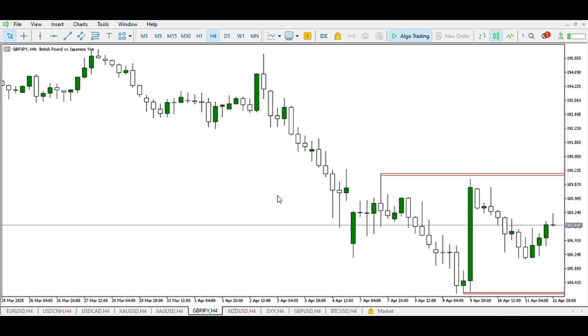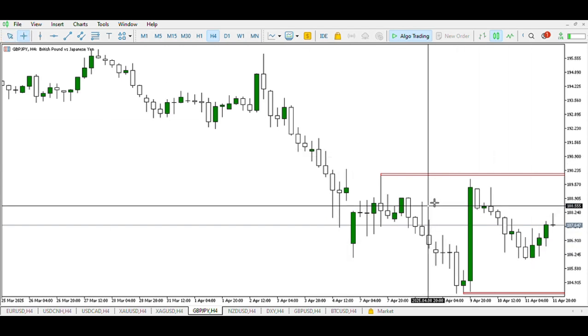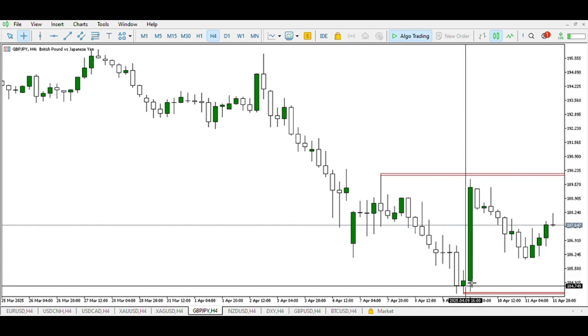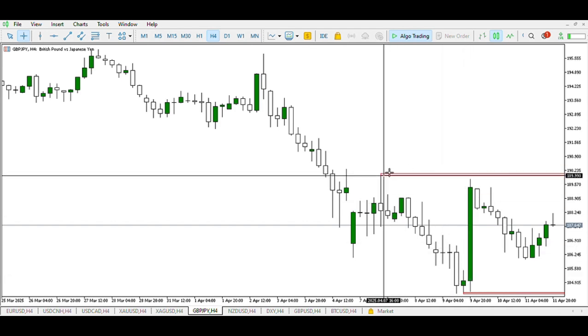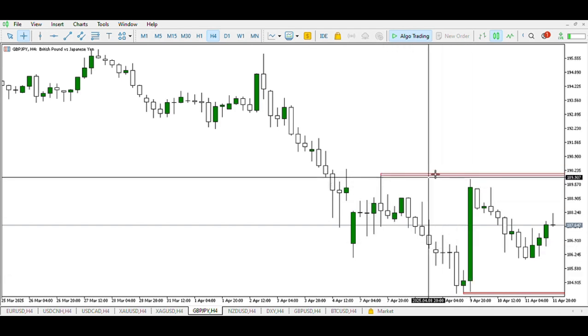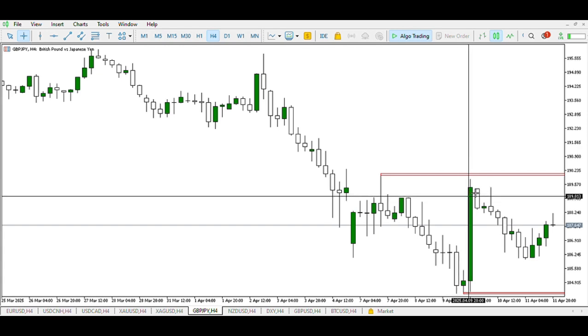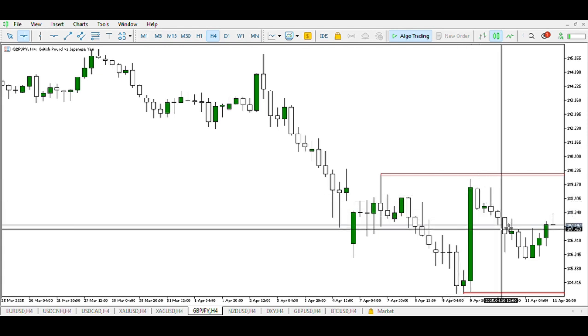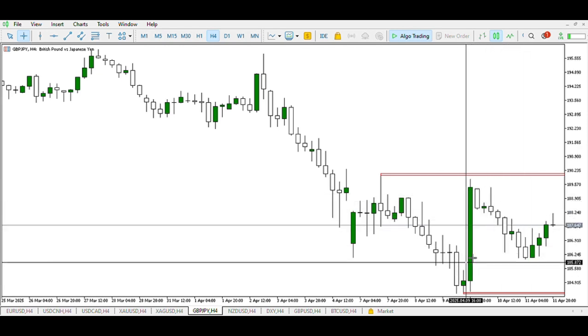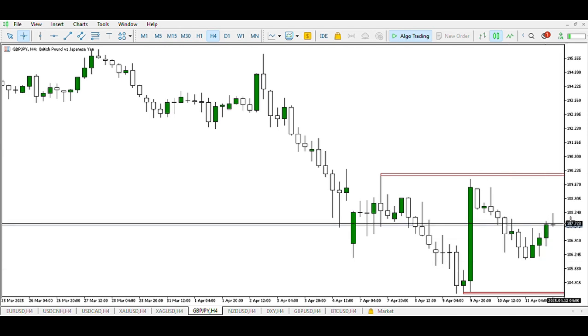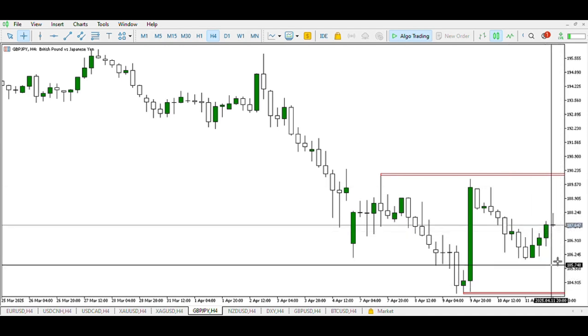On GJ, we can see that price is in a downtrend. However, price makes a retest of this zone and there's no strong resistance here, and after the retest, price comes down to fill out this imbalance last week. So we can see that price is in a range, close to the high, close to the low.